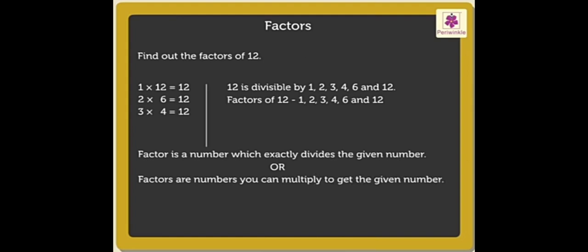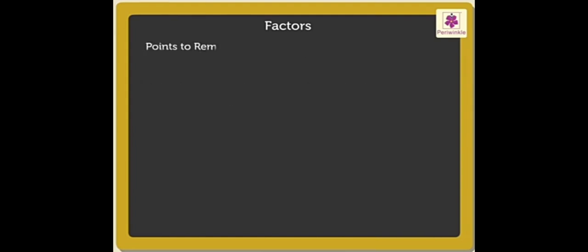Now, let us look at certain points which we need to understand related to a factor with the help of some examples. Point 1. 1 is a factor of every number. Look at the examples. 1 into 6 is equal to 6. 8 divided by 1 is equal to 8.